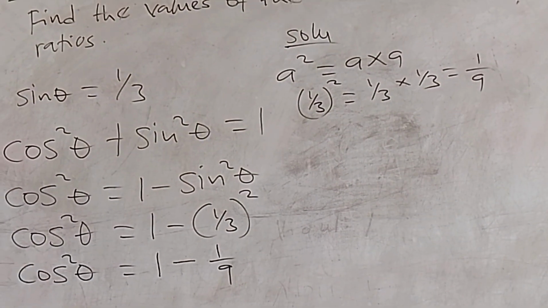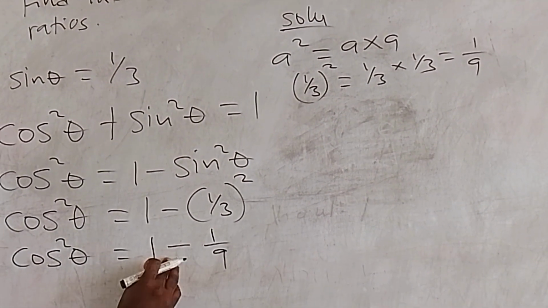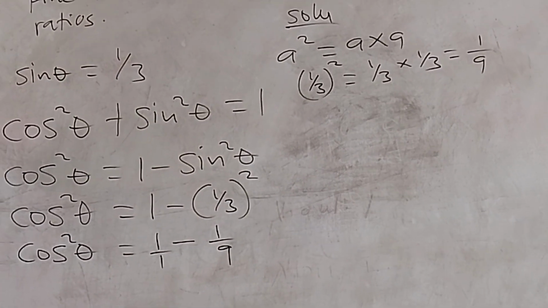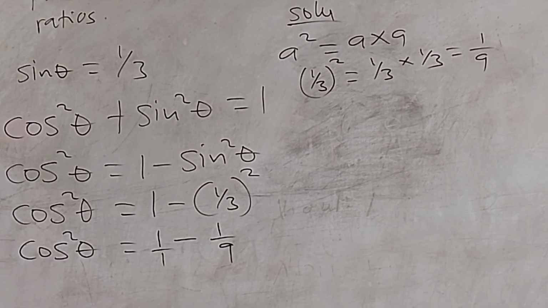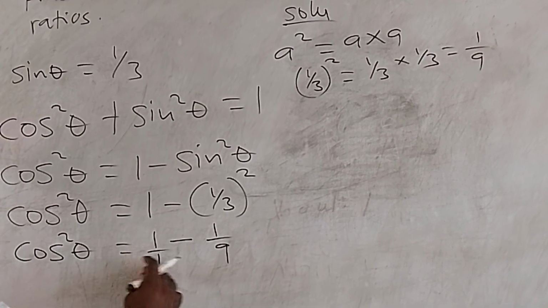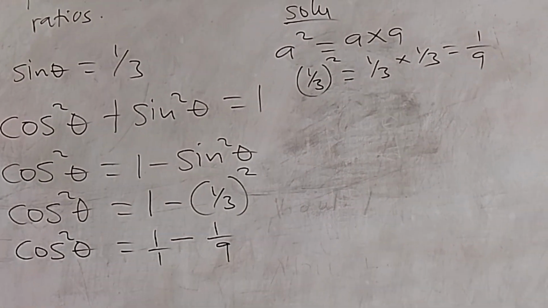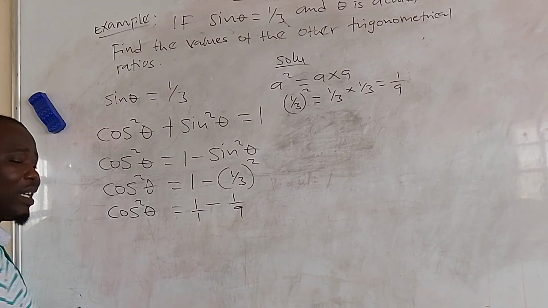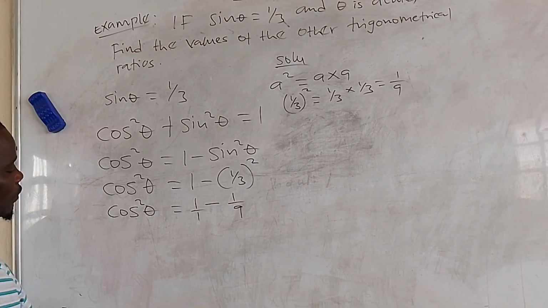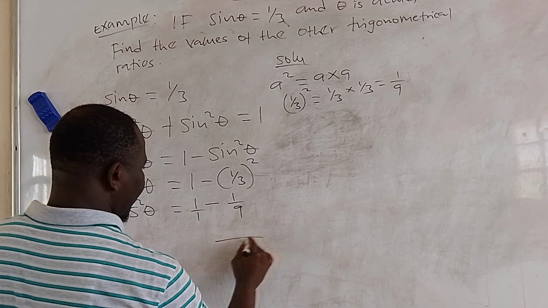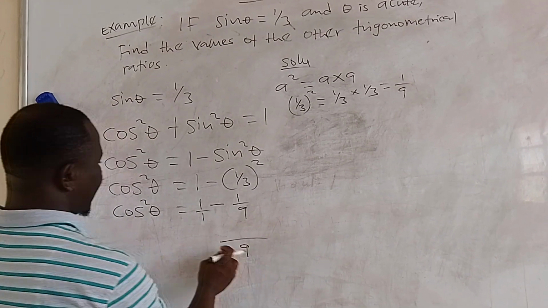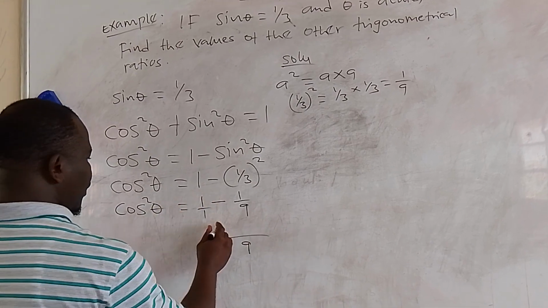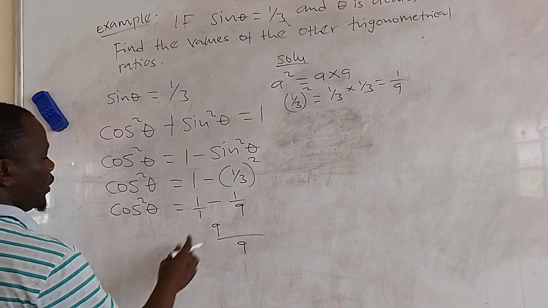Here we are going to look for the LCM. Note that there is an invisible 1 here. So how can we look for the LCM? You ask yourself, what can divide 1 and 9 without a remainder? It is 9. So the LCM will now be 9. 9 divided by 1 is 9, 9 times 1 gives you 9.